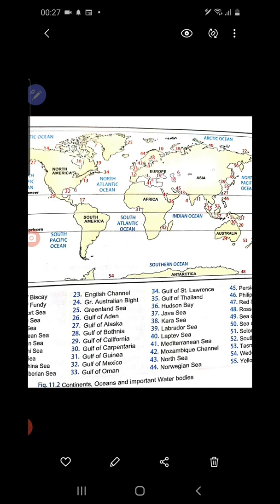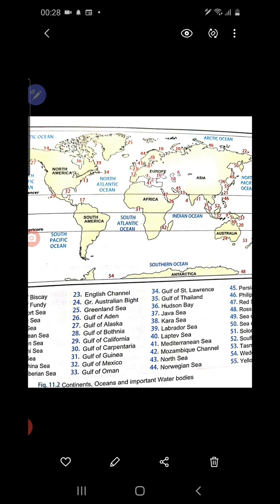At present there are 7 continents. You all know which are those continents. Asia is the biggest continent, then Africa is the 2nd largest one, then North America is the 3rd largest continent. We have to focus on the study of North America and South America. In class 6 you will be studying in detail about North America and South America.